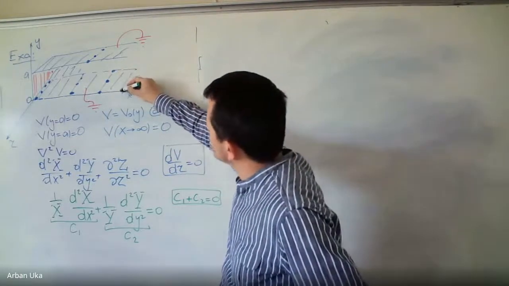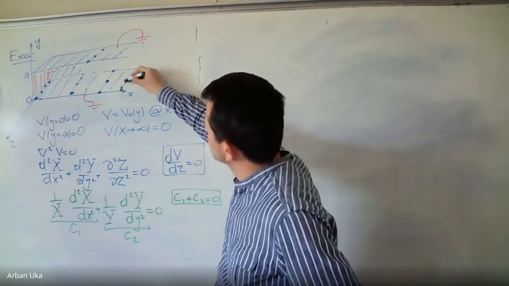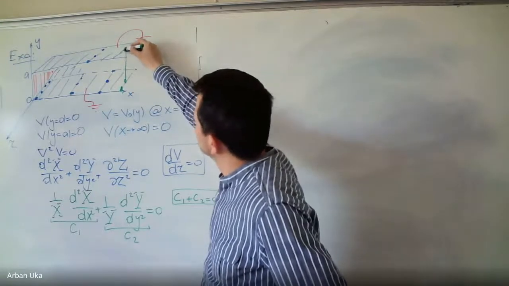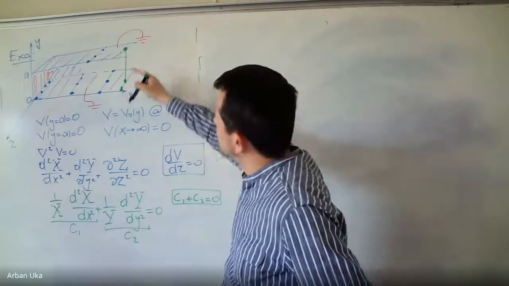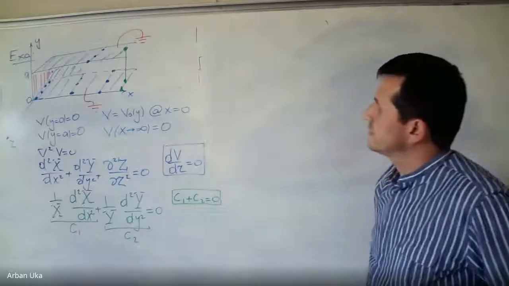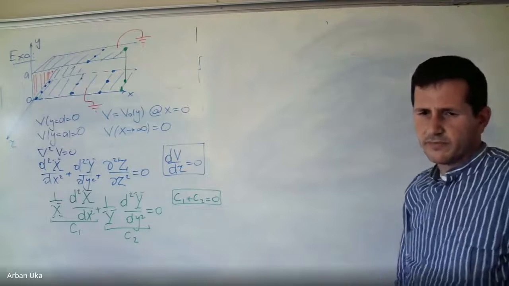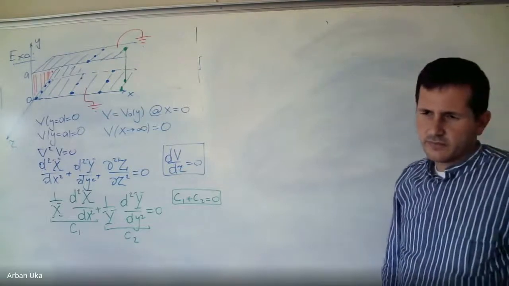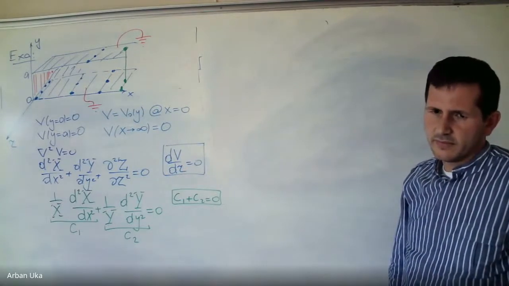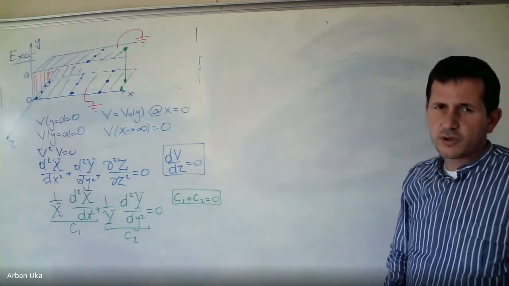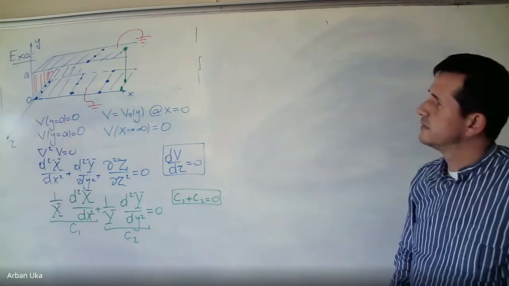So if you are going from the bottom plate to the top plate, what type of solution would you expect here? Oscillatory or exponential? It's a 50% chance, either one or the other. Which one would you choose?